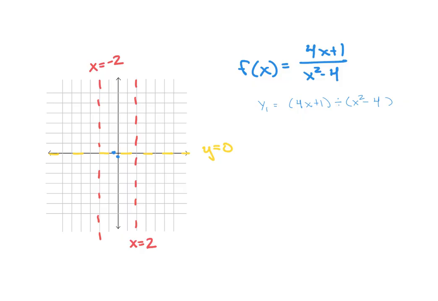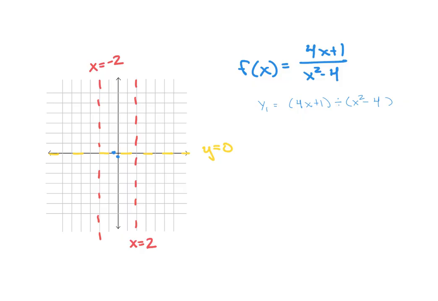Okay, for my middle piece, I have my 2 points. We don't need any more, but if you want, you can do another one. But what we need to do is come over to the left piece. Let's start with that one. We want to pick numbers that are less than negative 2.